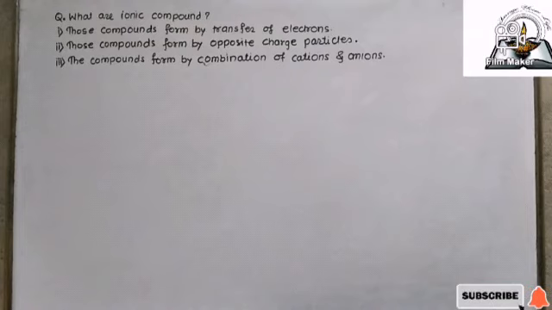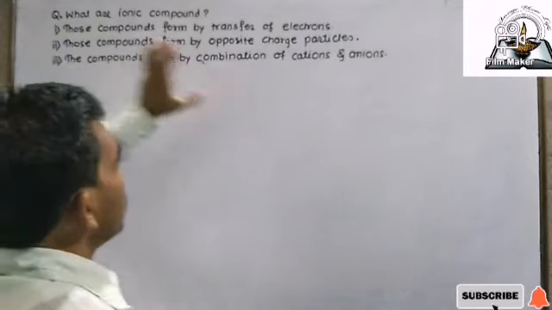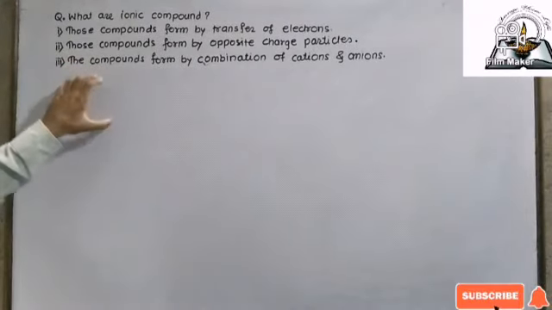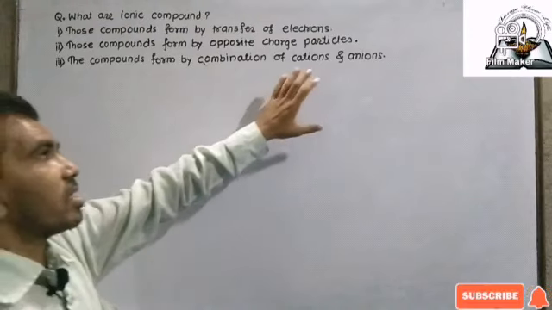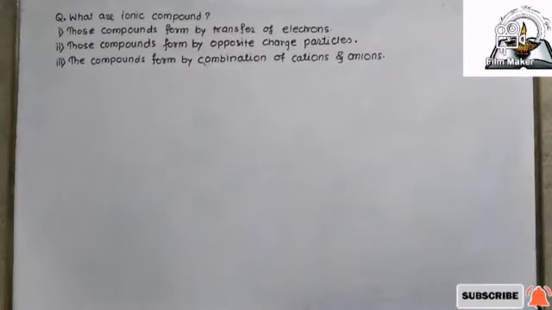So जे कंपाउंड इलेक्ट्रॉनच्या ट्रान्सफरमुळे तयार झालेले आहे, जे कंपाउंड्स अपोजिट चार्ज पार्टिकल्समुळे तयार झालेले आहेत, किंवा जे कंपाउंड्स कॅटायन्स आणि अनायन्स याच्या कॉम्बिनेशन्समुळे तयार झालेले आहे, त्याला आपण आयनिक कंपाउंड्स म्हणतो.